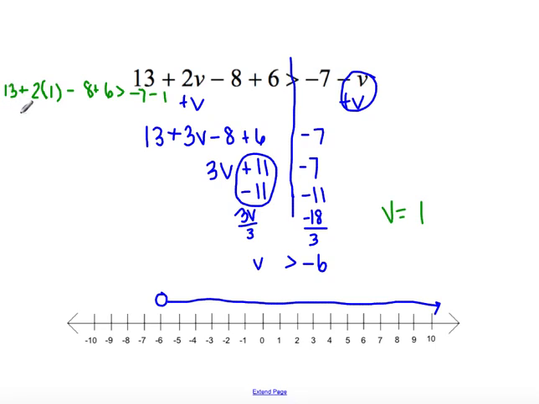So 13 plus 2 times 1 is 2, so 15 minus 8 plus 6. 15 minus 8 is 7, plus 6 is 13. And negative 7 minus 1 is negative 8. And 13 is greater than negative 8, so this is true.